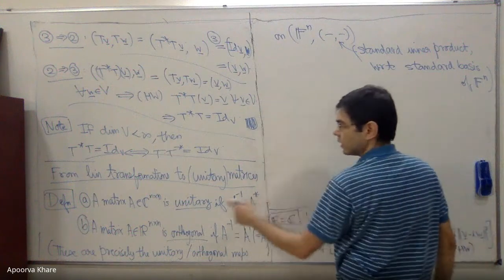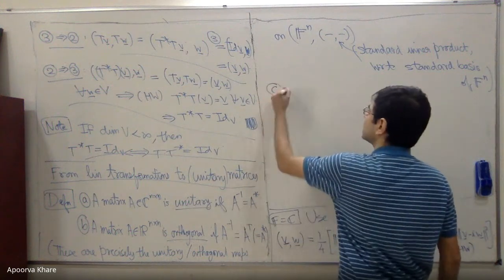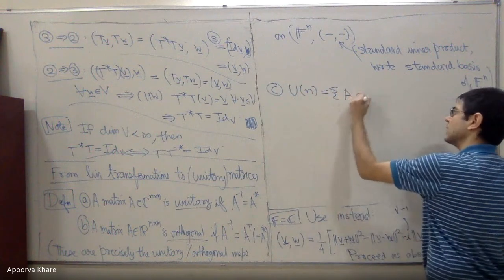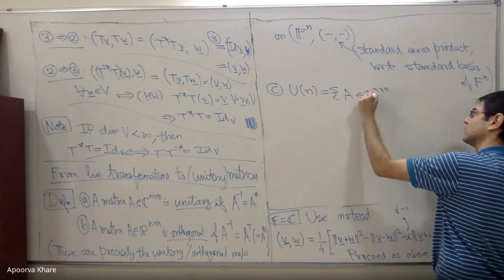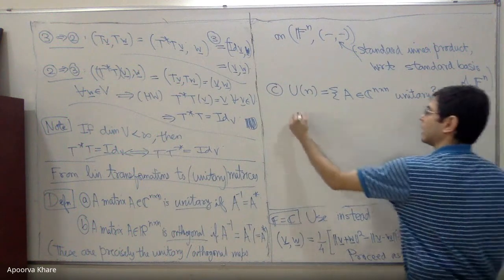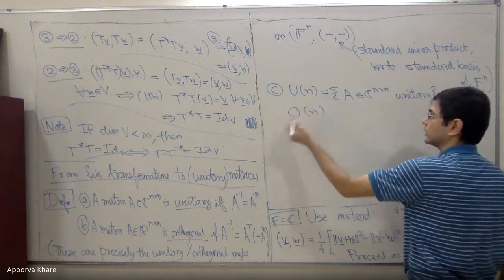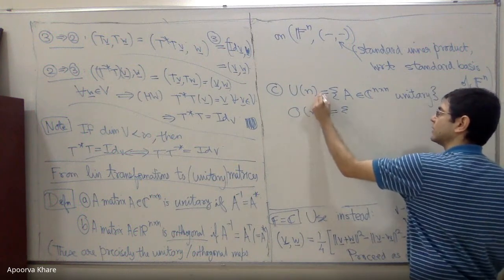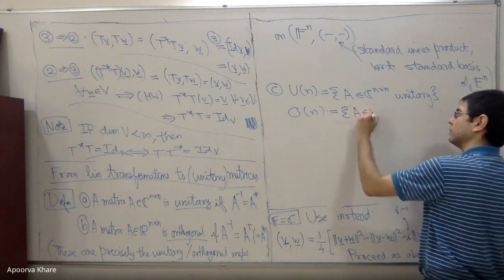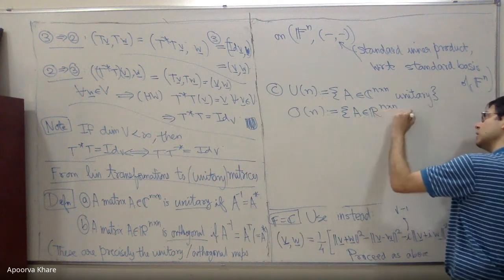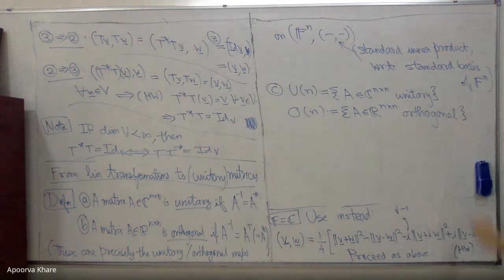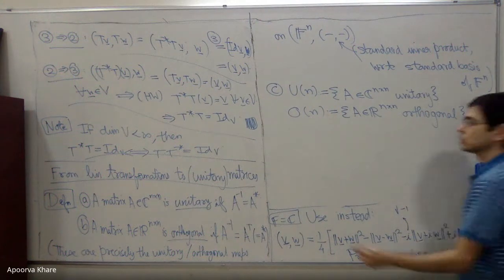So definition: U of n is the set of all A in C n cross n unitary, and O of n is the set of all A in R n cross n orthogonal. These are the definitions.